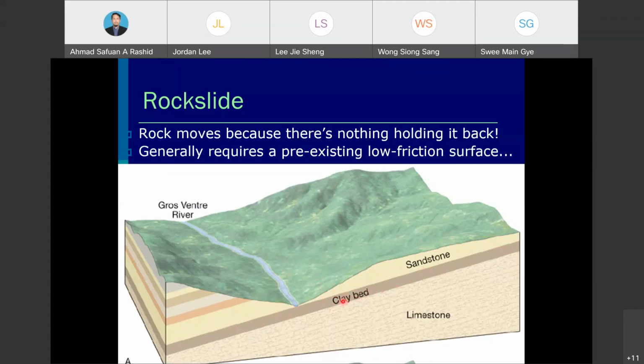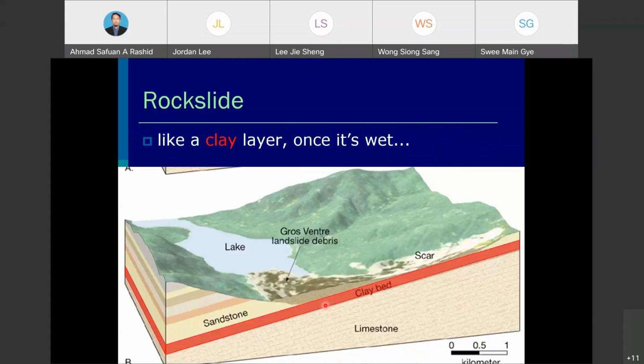If this clay bed is exposed to water, it can become weaker, and then it can start to move downward and also bring along the sandstone. Like a clay layer, when it is wet, it becomes weaker.